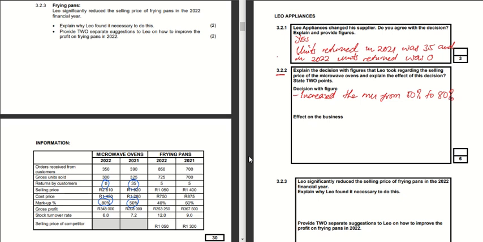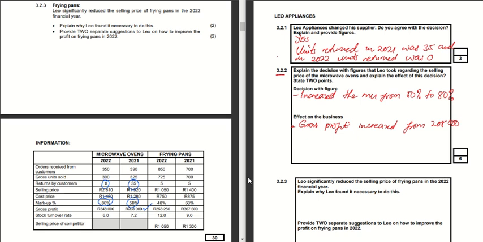And when the markup is increased like that, what is the effect? You see that gross profit increased.